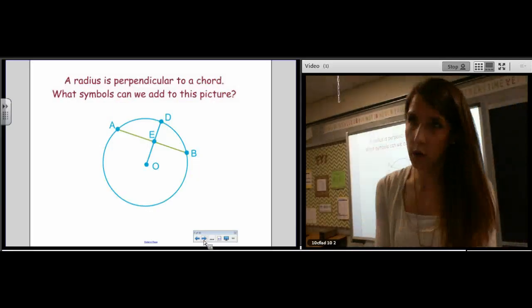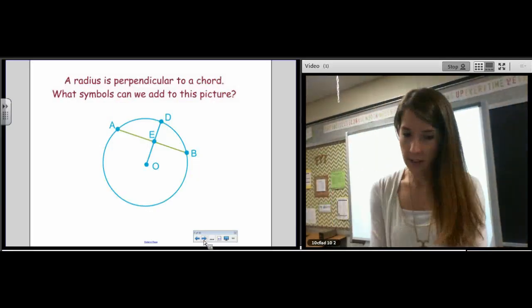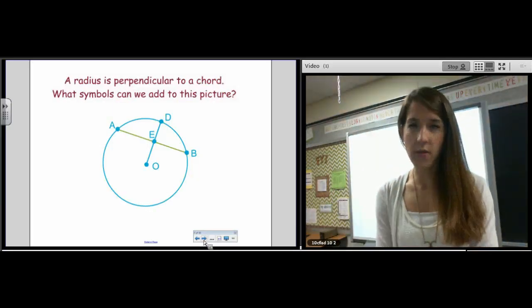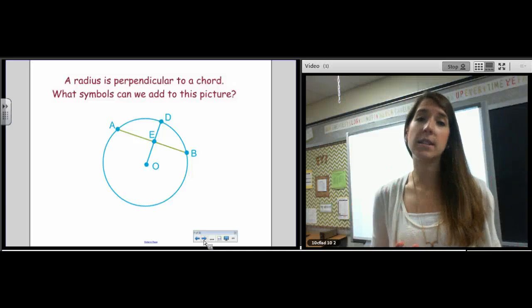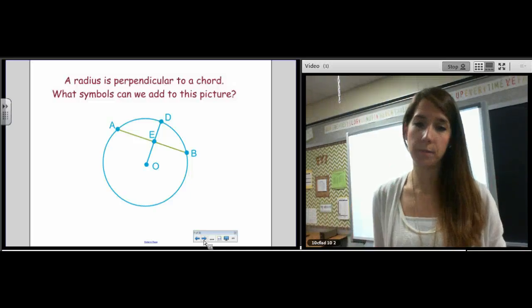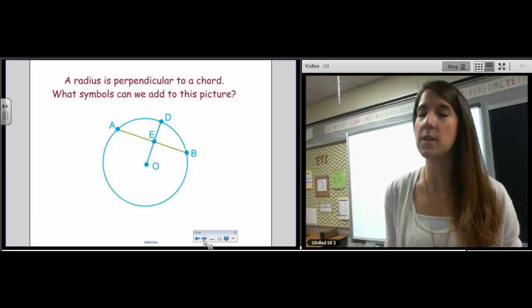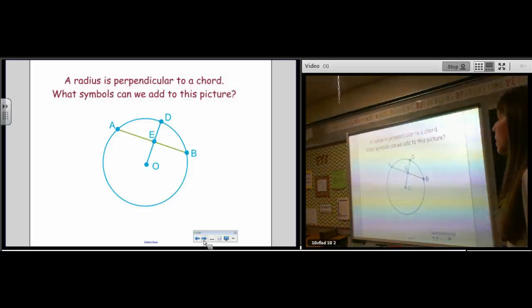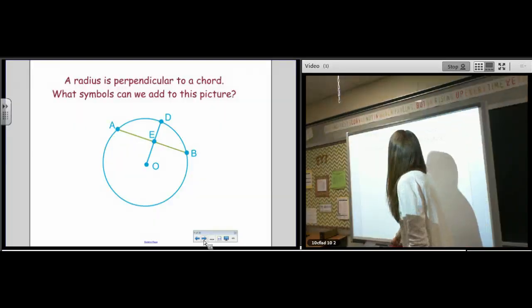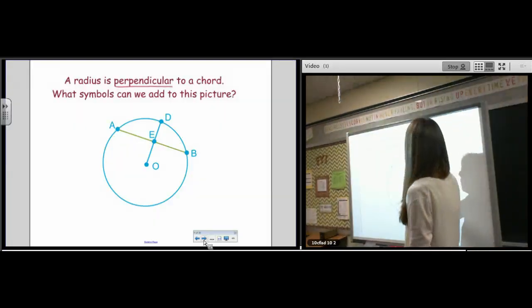So remember, a chord is a segment whose end points are on the circle. So like a diameter is a special example of a chord. Now we're going to come up with some theorems that go with chords, some things that we found to be true. So take a look at this picture. We've got a radius, and it says that it is perpendicular to a chord.